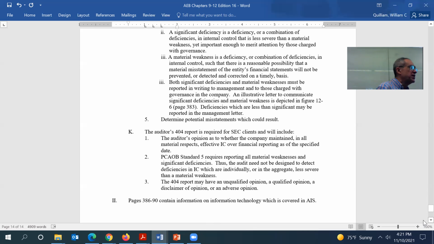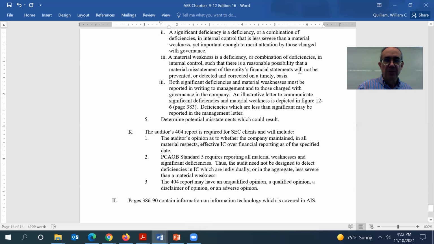So a significant deficiency is worse. Well, then, let's say things get worse still. We've got number 3 here, a material weakness. It's a deficiency or combination of deficiencies in internal control, such that there is a reasonable possibility the material misstatement of the entity's financial statements will not be prevented or detected and corrected on a timely basis.